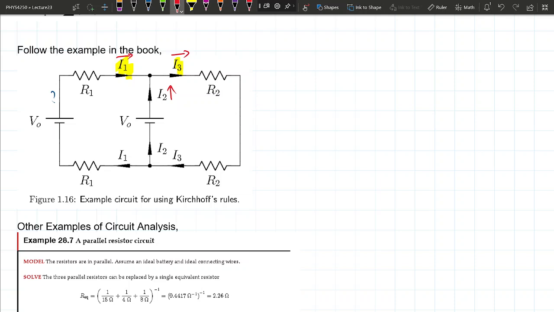The battery is going to be pushing the current up here. So the book has this intuition of figuring out which one should be positive. It's okay for you to define it going down, but then after you do all the calculation you end up with a negative number, and then you have to flip it back anyway.